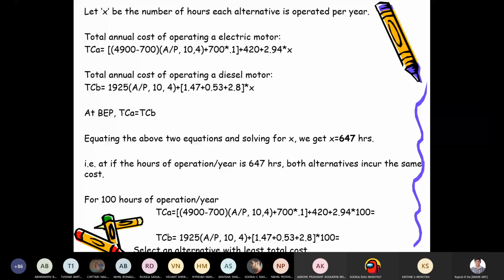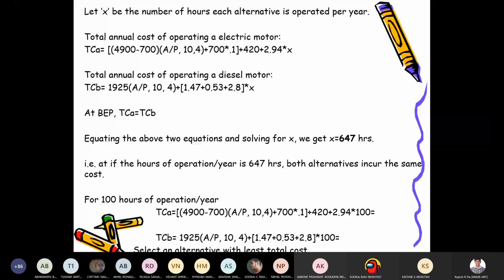Any difficulty here, students? The only thing is, at the break even point, we assume that the total cost of alternative 1 will be equal to that of alternative 2, and to calculate total cost we should have the capital recovery cost plus the annual operating cost. Then when we equate, we find the value of x. Once we calculate x, we take 100 hours of operation and find out which is the effective one.